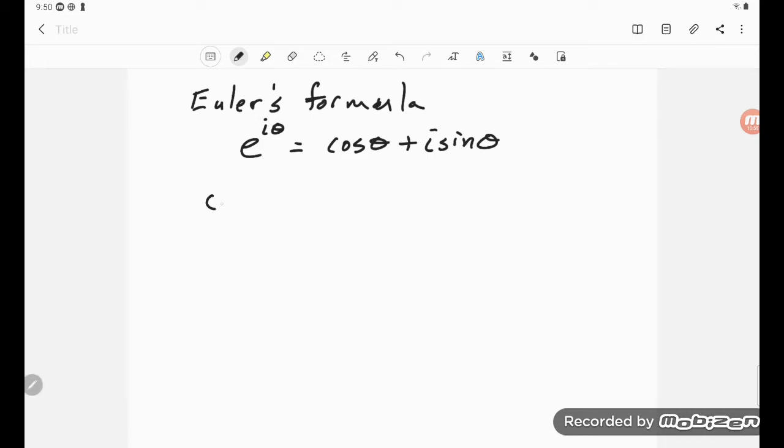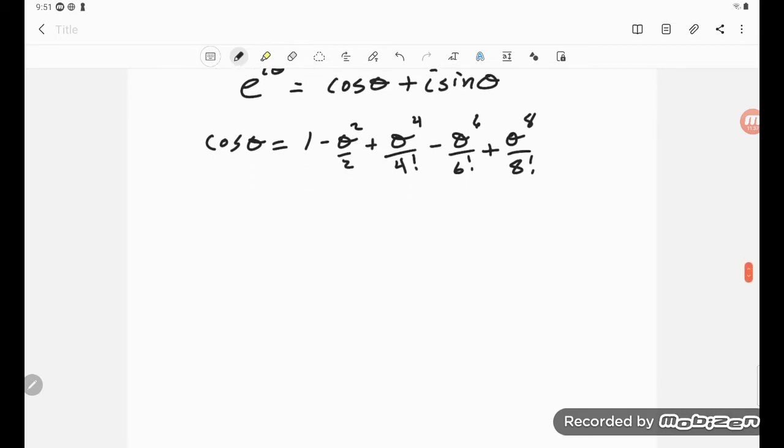And so, for instance, cosine of theta can be represented as 1 minus theta squared over 2 plus theta to the 4th over 4 factorial minus theta to the 6th over 6 factorial plus, and it just follows this pattern, so plus theta to the 8th over 8 factorial and so forth.